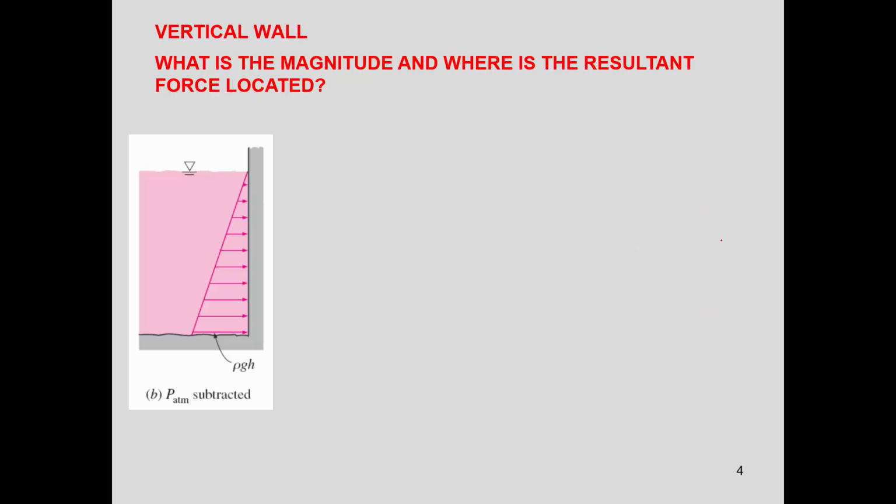So there are two questions. What is the magnitude of the resultant force and where is it located? Okay, so the pressure is ρgh, but how do I calculate the magnitude of the resultant force?